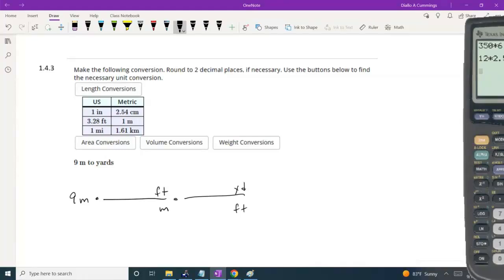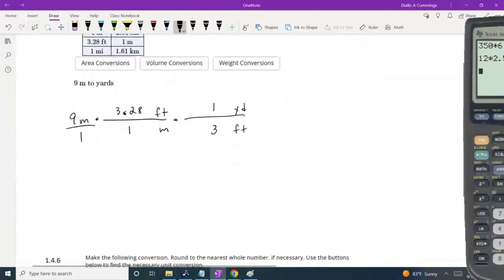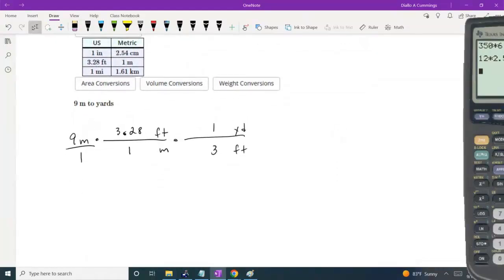Now if I write in my conversions, 1 meter is 3.28 feet. And for that second unit fraction, 1 yard is equal to 3 feet. I can represent 9 meters as a fraction by putting 9 meters over 1. When we multiply, we can cross cancel our units. So meters cancels, feet cancels.